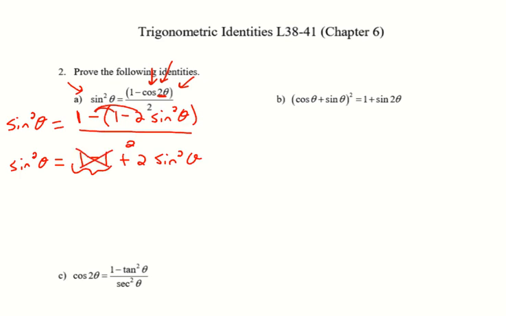Then 2 over 2 cancel, and I end up with sine squared theta equals sine squared theta. That's good. All right, so let's do B.